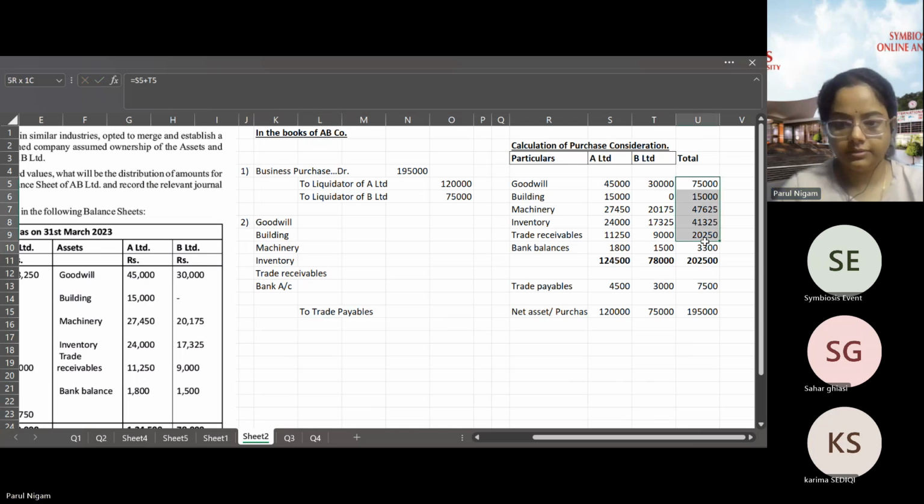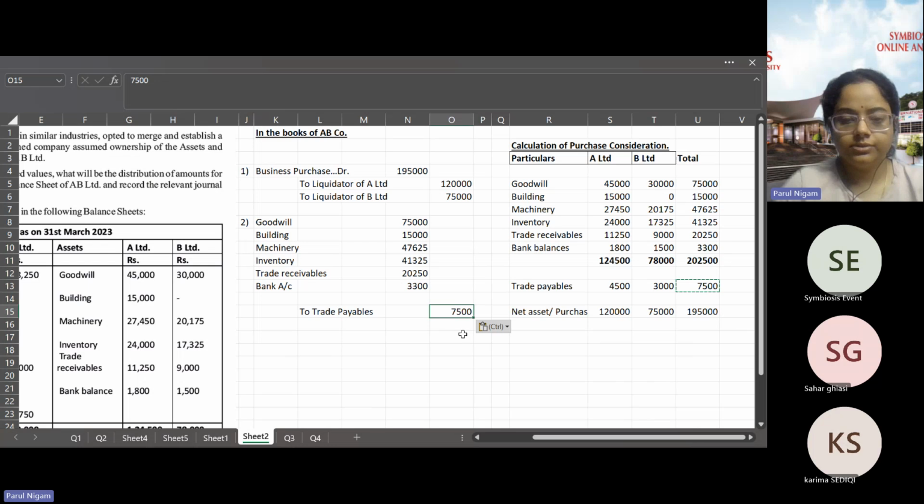The total amount. And under payables, it is going to be 7,500. So we have a total of 75,000, 41325. Okay, fine, this is okay.